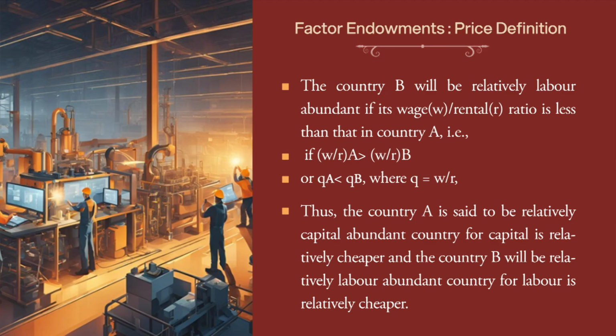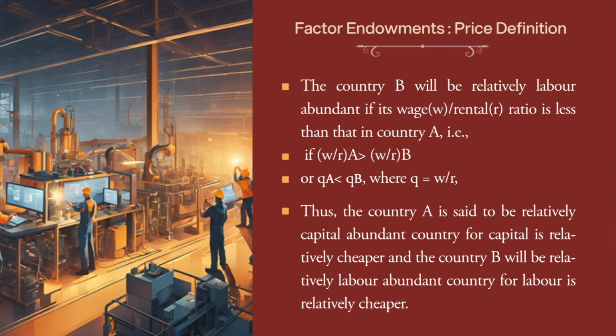Country B, which is labor abundant by our assumption, has QB greater than QA, or QA is less than QB. Thus country A is said to be relatively capital abundant, for capital is relatively cheaper.